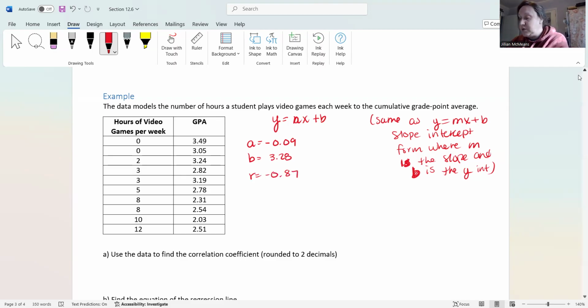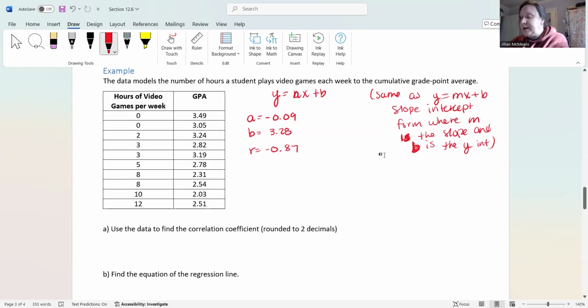So now we can answer the questions about this problem. So the first question says, use the data to find the correlation coefficient rounded to 2 decimal places. Well, R was negative 0.87.